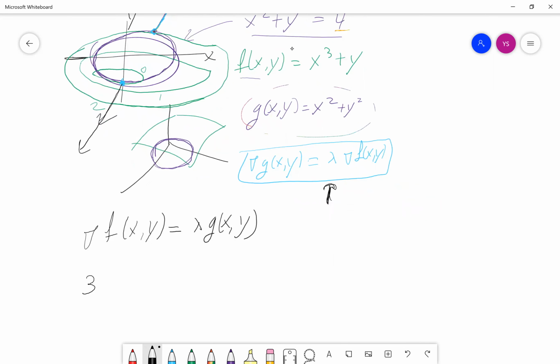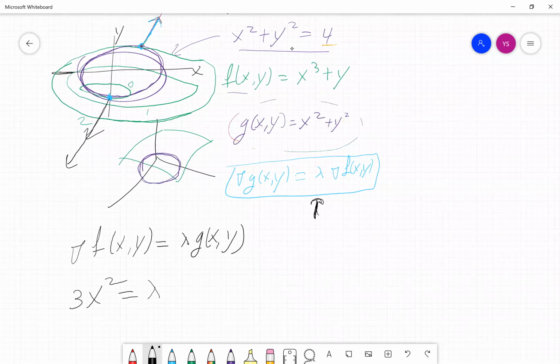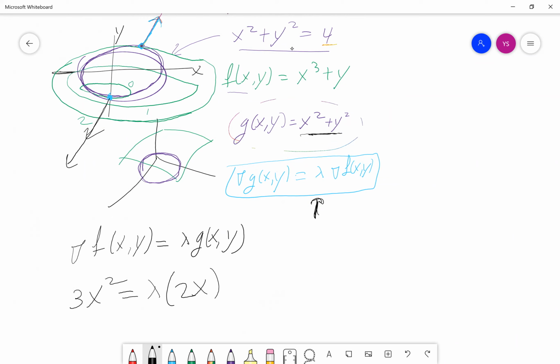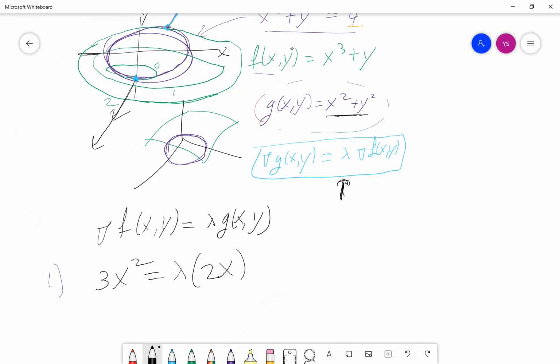That's 3x squared is equal to lambda times 2x. That's my first equation from the partial with respect to x. My second equation, the partial with respect to y, is 1 is equal to lambda times 2y. Any questions so far?